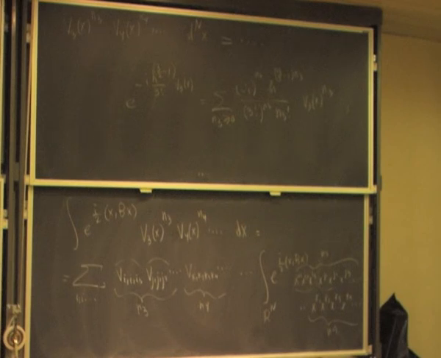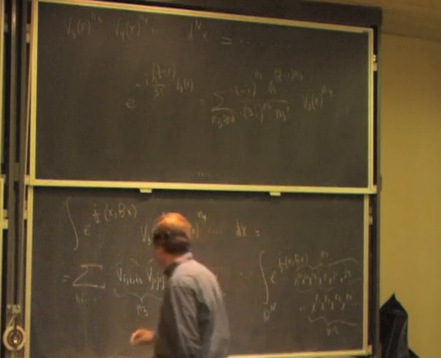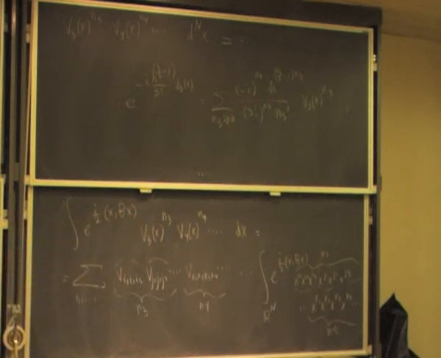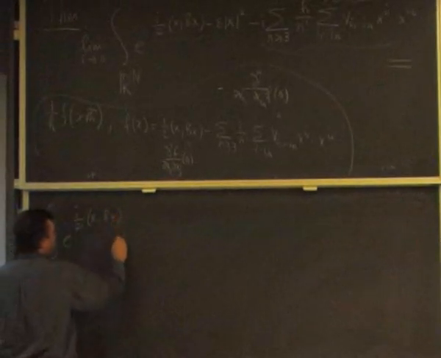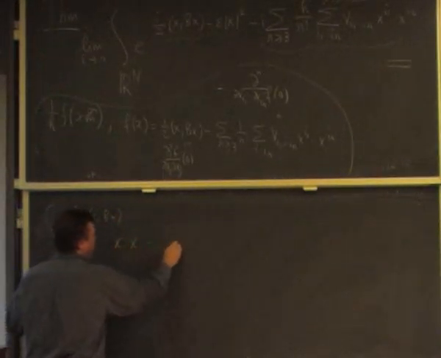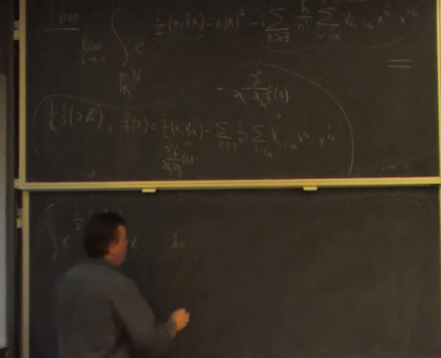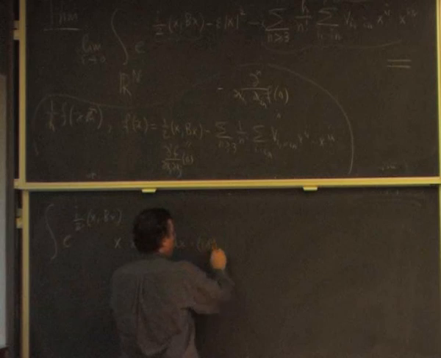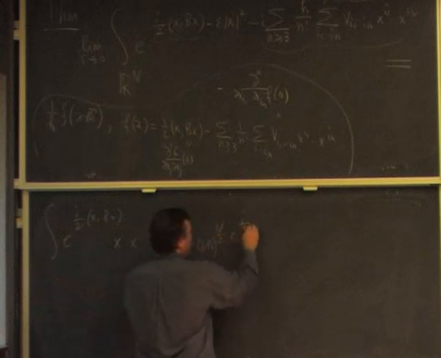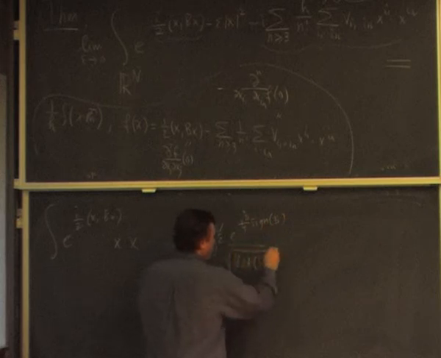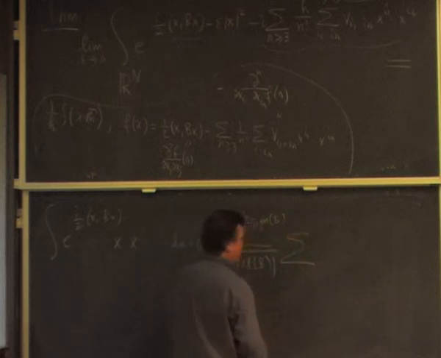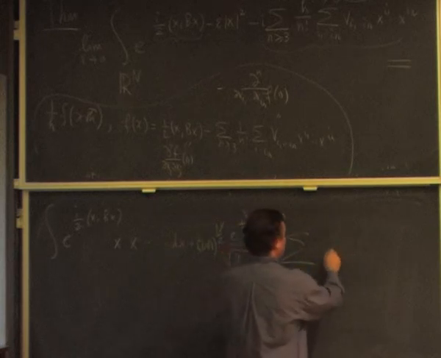But at this point I want to use graphical notations. So I'll write the integral of those monomials as the prefactor and then sum over perfect matchings, and then I'll just write it like this.